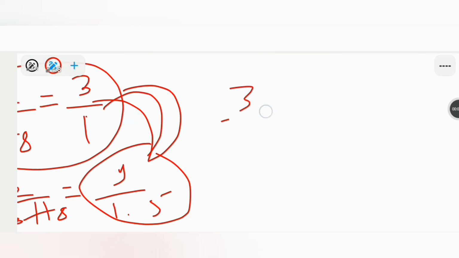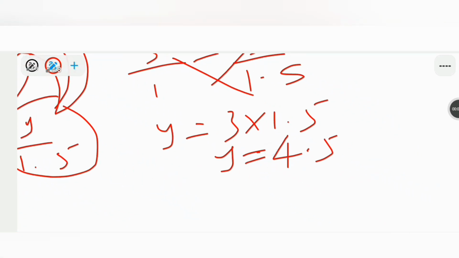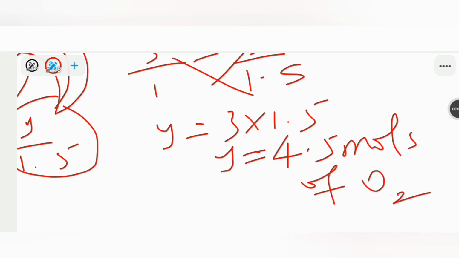We get 3 over 1 equals Y over 1.5. Cross multiply, so Y will be 3 times 1.5. Y will be 4.5 moles of O2. So 4.5 moles of O2 will be used up or consumed during that reaction. So that's the answer to the first one.